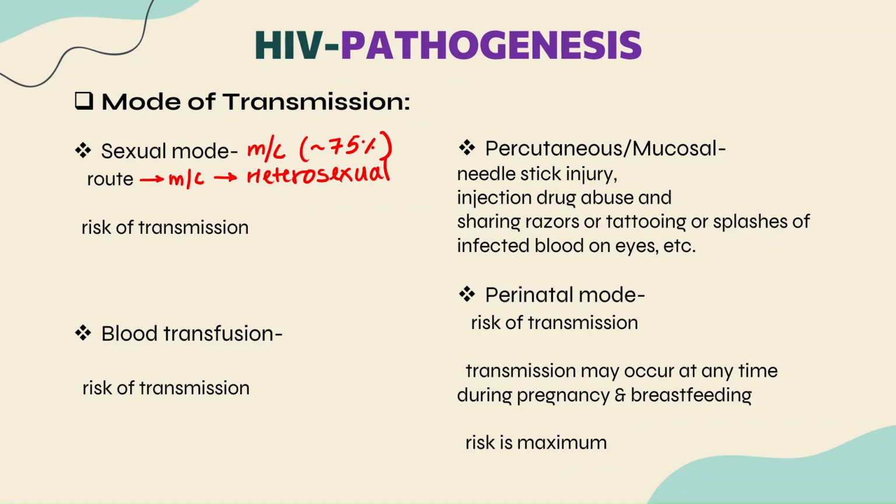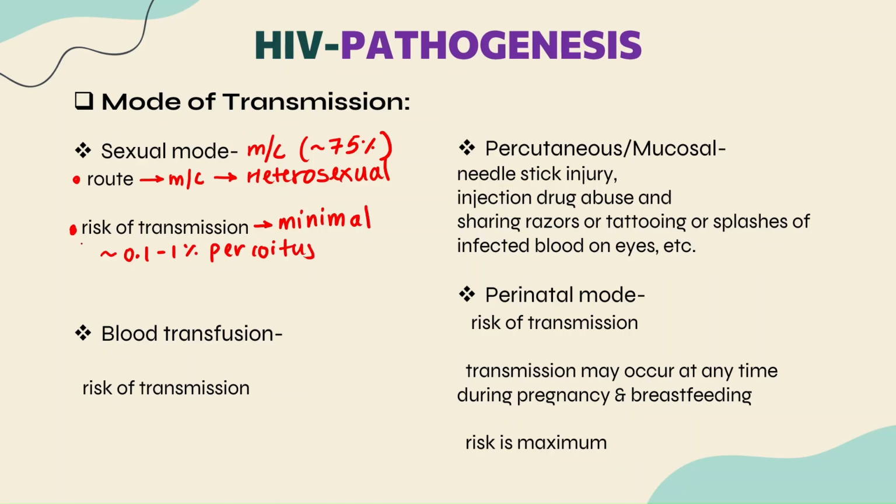Now, what about the risk of transmission? For the sexual mode of transmission, the risk of transmission is minimal, guys. It is the least, that is nearly 0.1 to 1% risk of transmission per coitus.